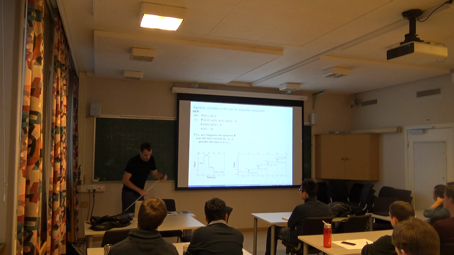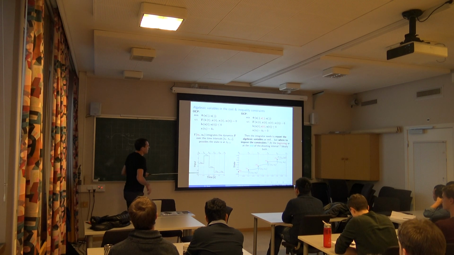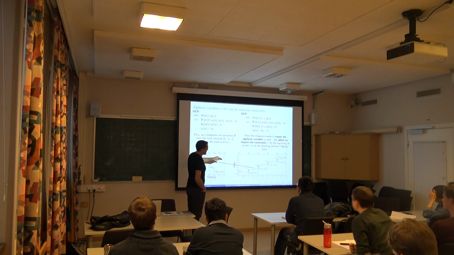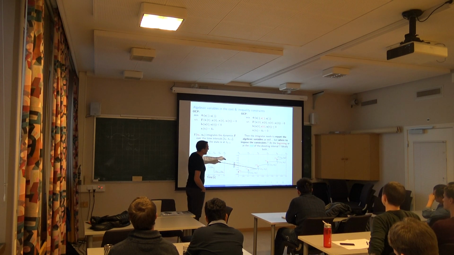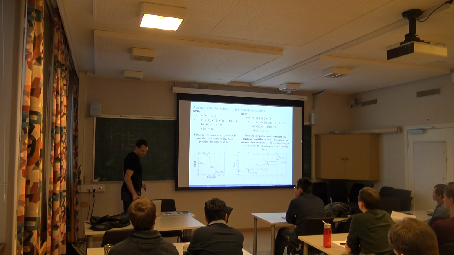So you have some decisions to make on that side. So the question is, do you impose these constraints at the beginning or at the end of the shooting interval? And ideally, you should impose it on both because of this jumping effect.